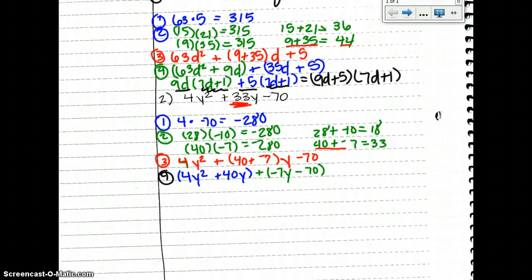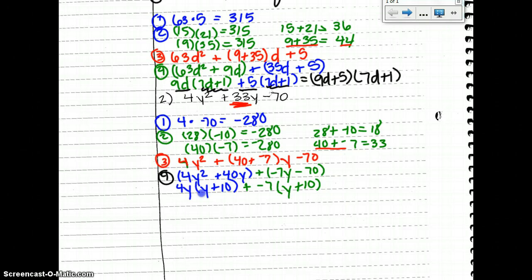Okay, let's factor these guys out. Greatest common factor between our blue set is 4y. We're left with y plus 10. Looking at the green set, let's go ahead and pull out a negative 7, y plus 10.